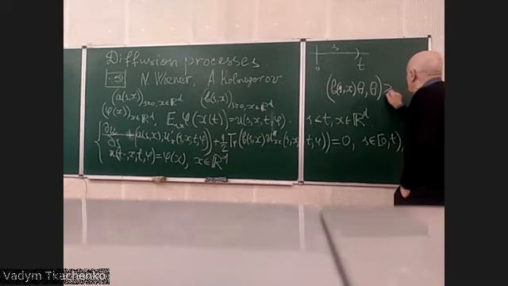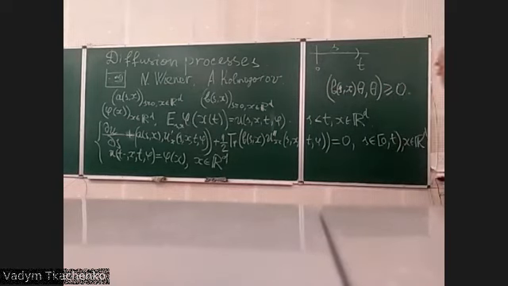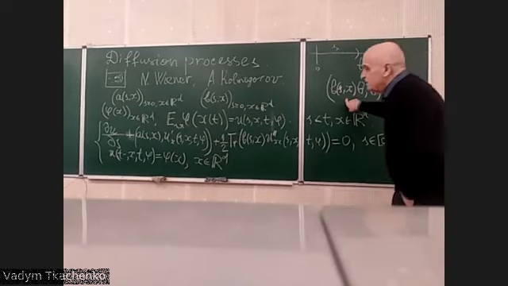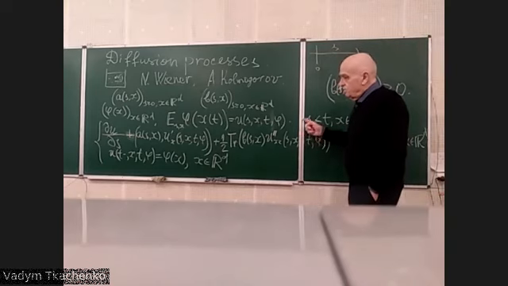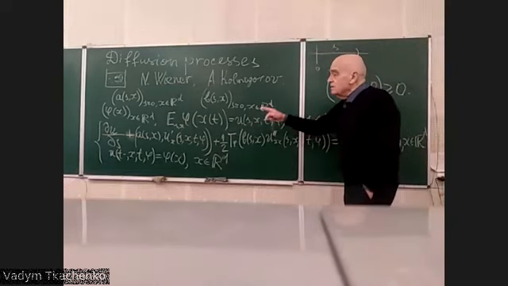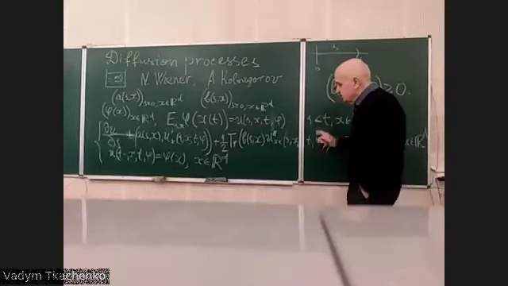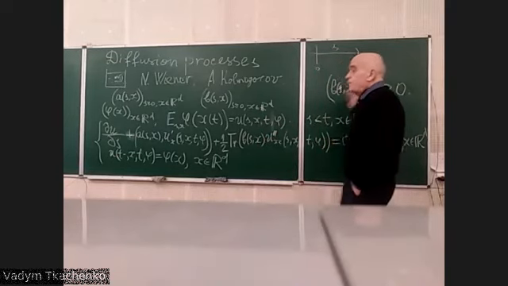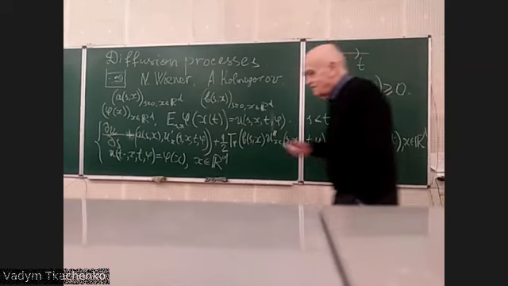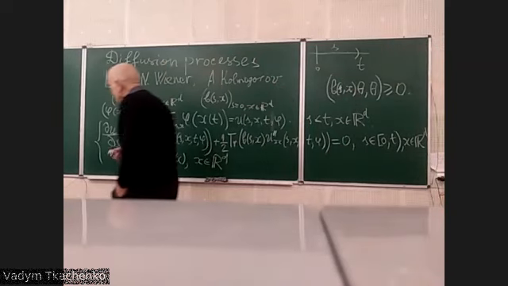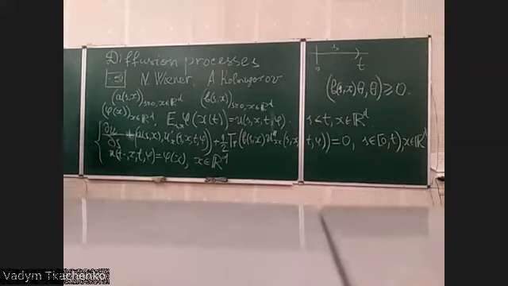This form is non-negative definite. So this is a second order partial differential equation of parabolic type. So the next development of the theory of diffusion processes was connected with this equation.